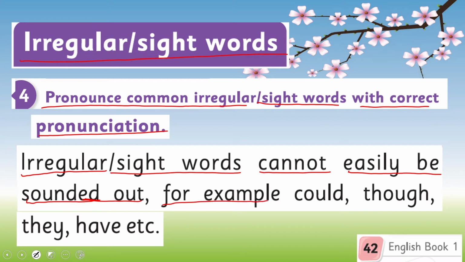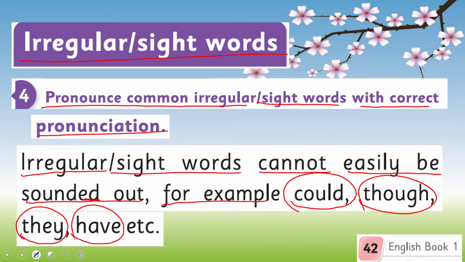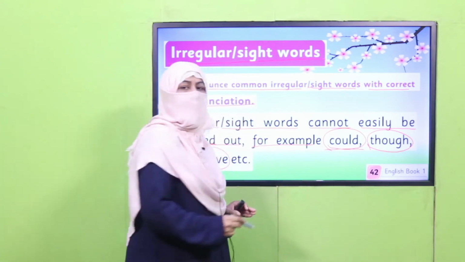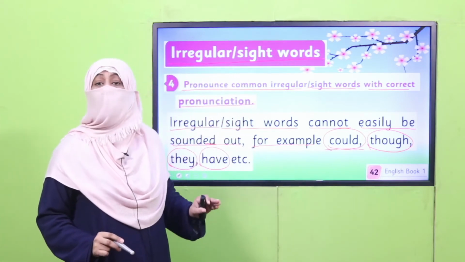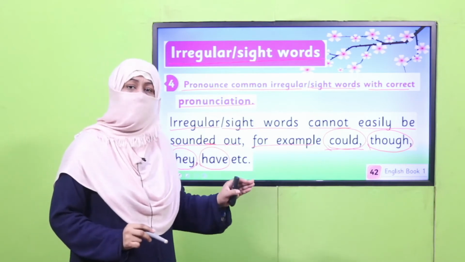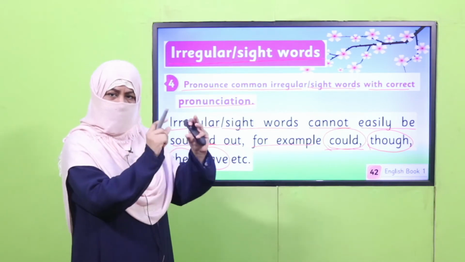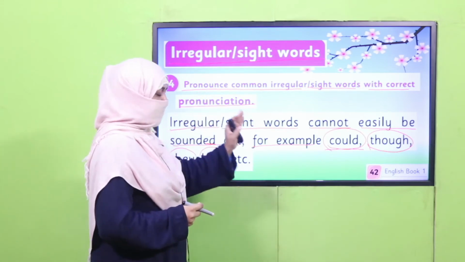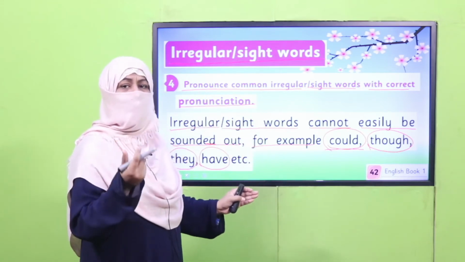For example, could, though, they, have. This is what I told you. Now if we try to read them in the regular way, we cannot. That's why they are known as irregular sight words. So by looking at them, we have to learn how to say them. Whenever you see this word, you should know how to say it.